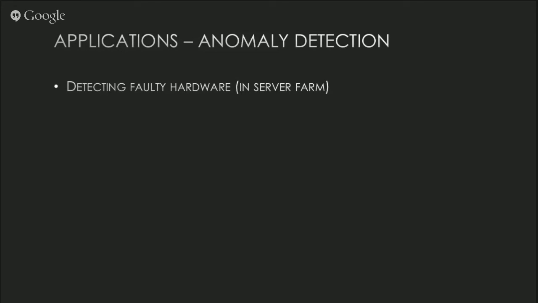Anomaly detection is another one. There is software out there that helps you manage a server farm and minimize the number of false positives, if you like. It's very easy to set thresholds and say, if my RAM usage is getting to this point, I need to raise a flag. But in reality, a lot of those might be false alarms.